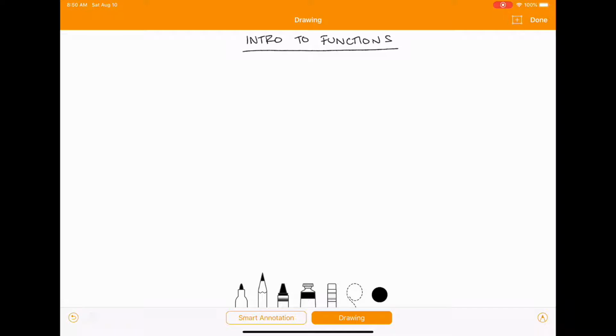And so the purpose of a function is to provide some output for a given input.